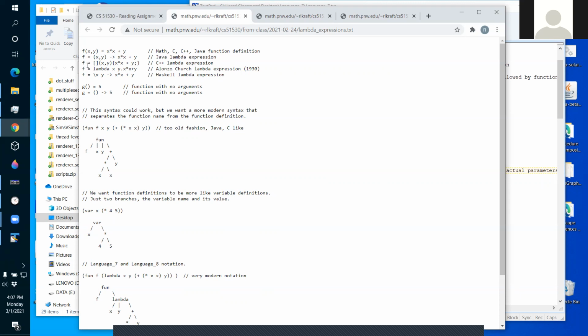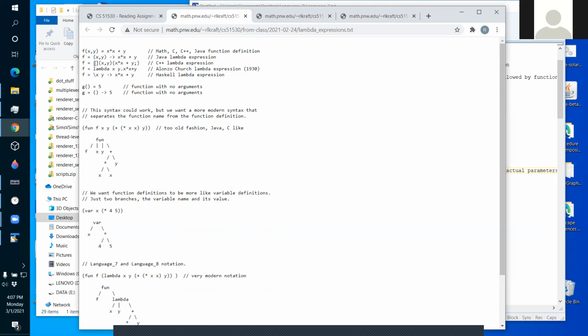And here's a whole bunch. Remember, these were all different notations for lambda expressions: the Java notation, the C++ notation, Alonzo Church's original notation, Haskell's notation. But in all these cases, it's saying F is the name for a function.